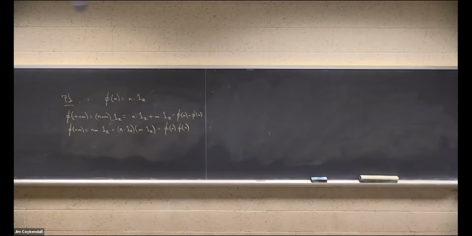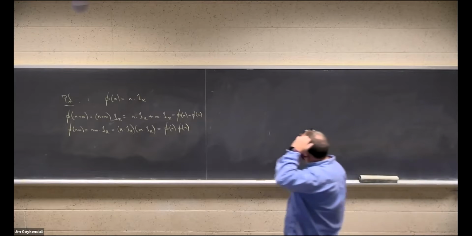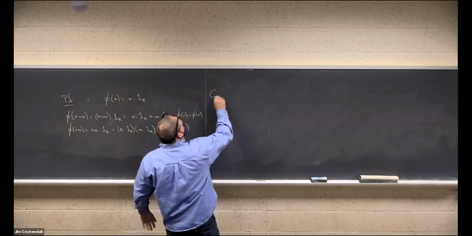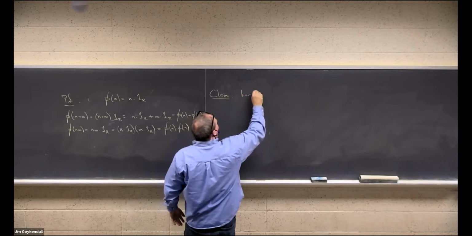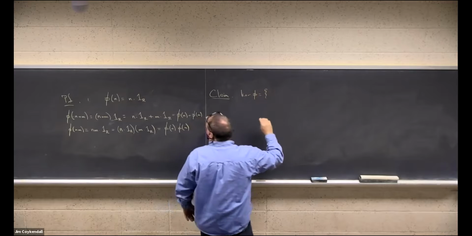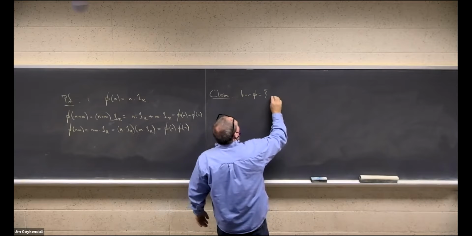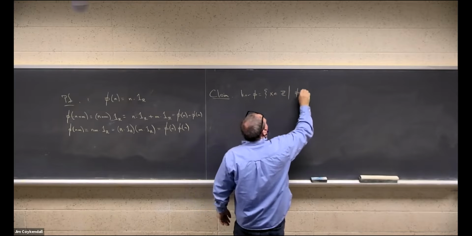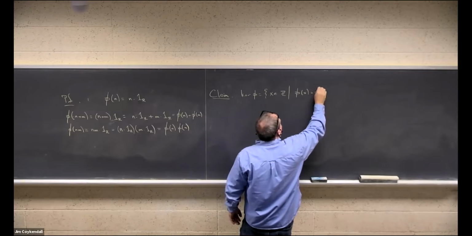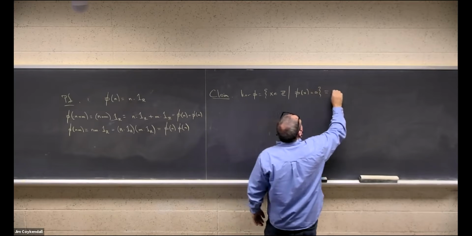But what does the n match? I guess that's the biggest question here. So I now claim the kernel of phi is precisely nZ.